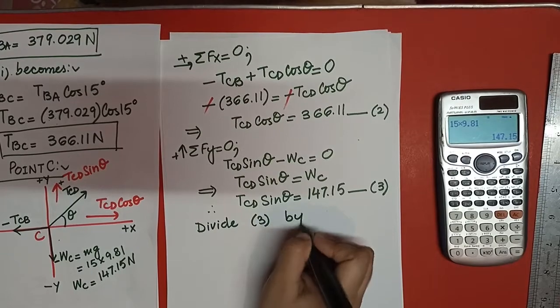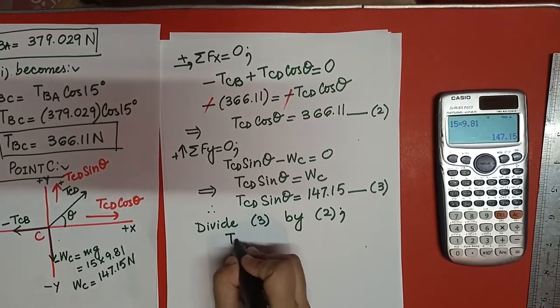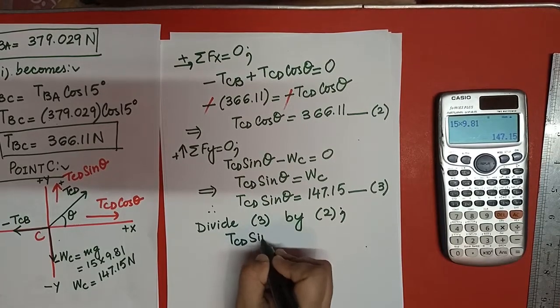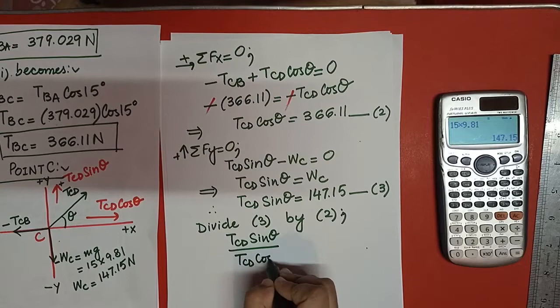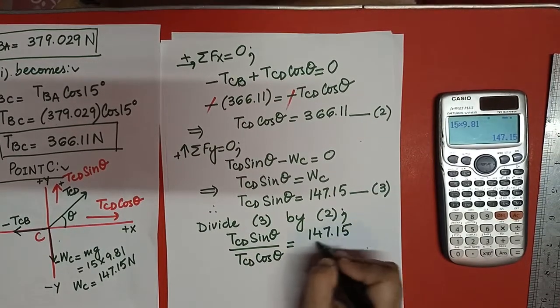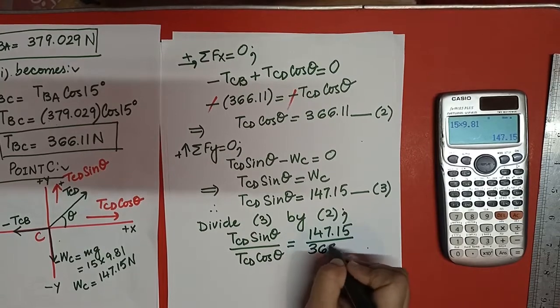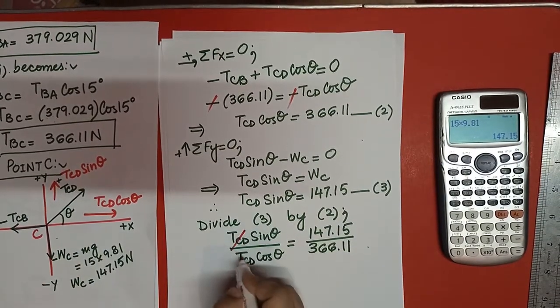So TCD sin theta upon TCD cos theta is equal to 147.15 divided by 366.11. We cancel out TCD from here.